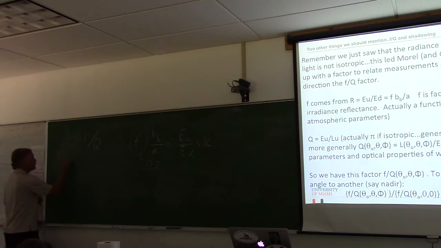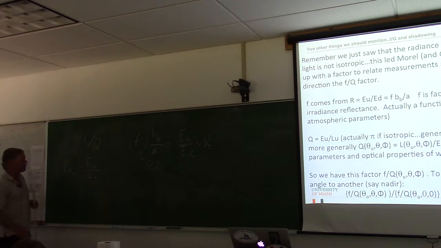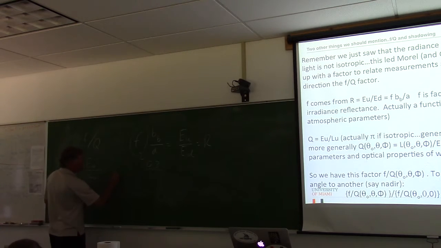Q basically was always defined as the upwelling irradiance divided by the upwelling radiance at nadir. Okay? The idea being that EU would be equal to Q times LU.